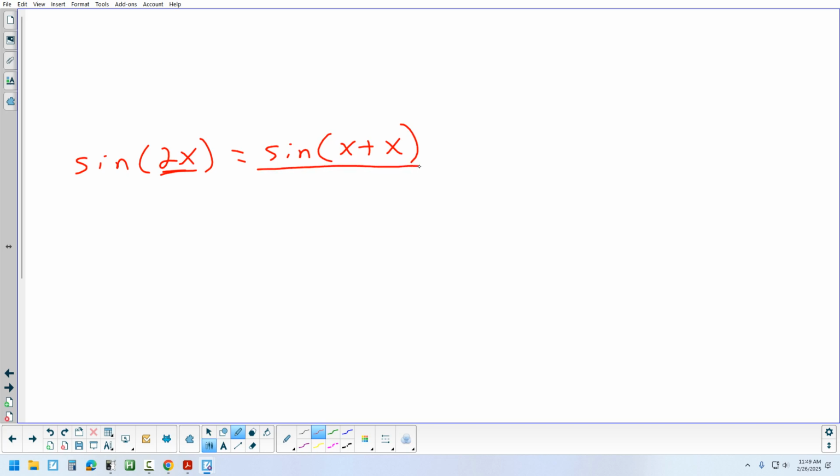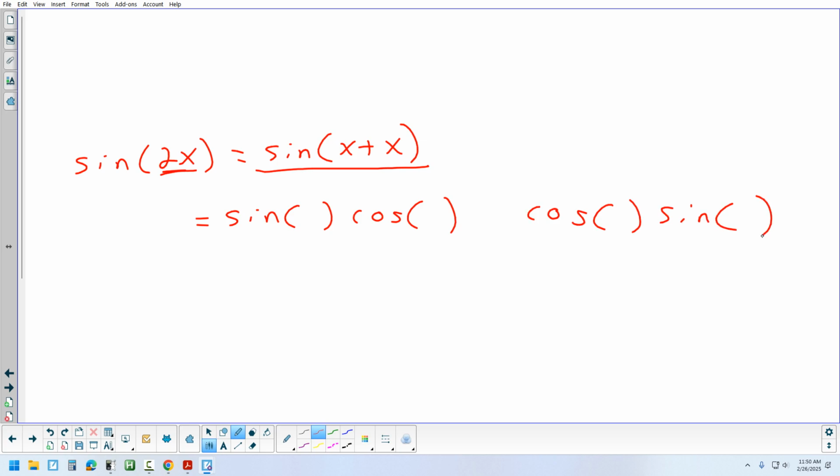What is this? It's the sine sum formula. So apply the sine sum formula to that, and you'll know what that is. Let's see what it is. Sine sum. Do we group the trig functions, or are they mixed? Mixed. Okay. What's going to go between them? Plus or minus? Yep, it's plus.